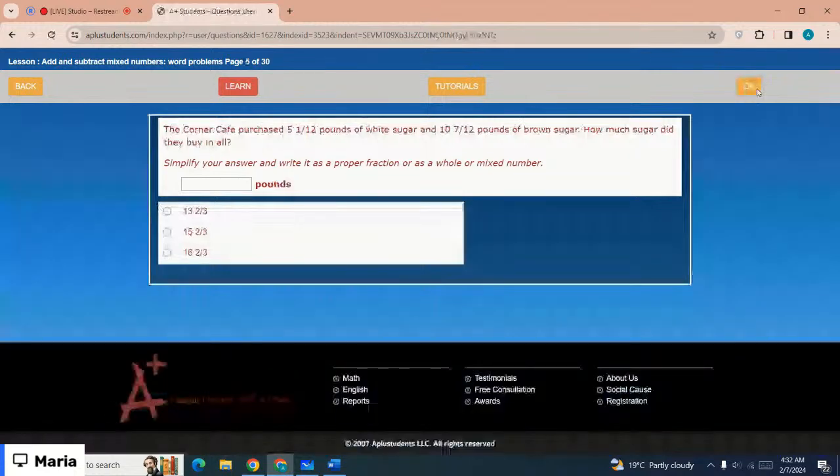The corner cafe purchased 5 whole 1 by 12 pounds of white sugar and 10 whole 7 over 12 pounds of brown sugar. How much sugar did they buy in all? So, which is the correct option?